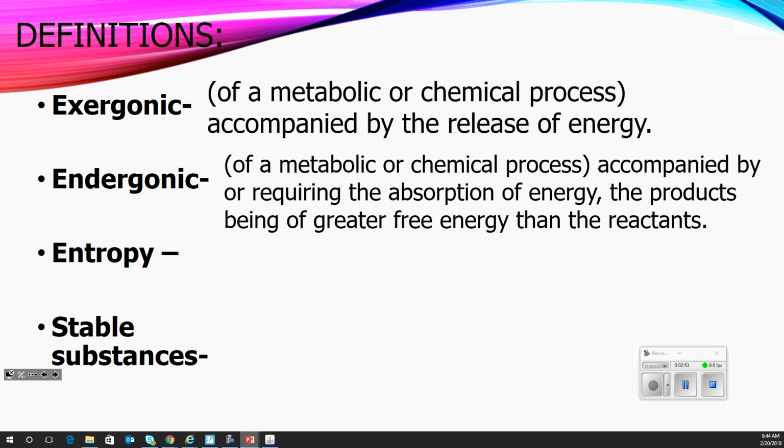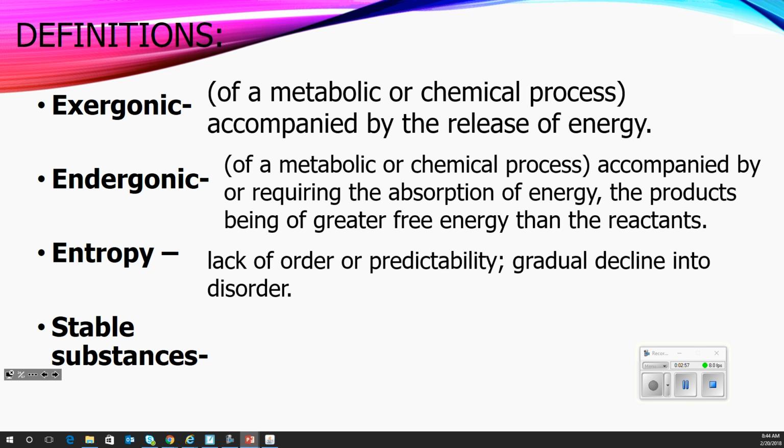Entropy is a measure of disorder. So we say that the universe is heading towards entropy, or full entropy, meaning it's heading towards disorder. In other words, when a tree falls in the woods, it will go towards disorder. In other words, it will decompose. It doesn't automatically sprout a new tree. That takes energy.